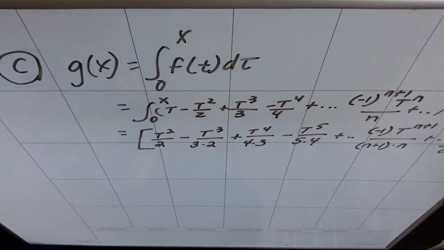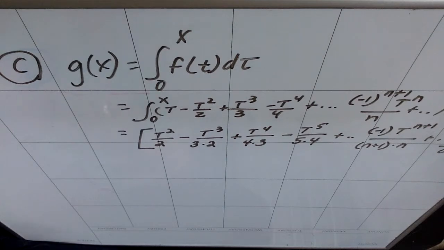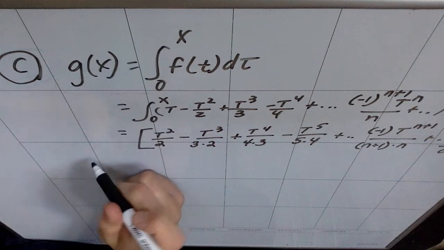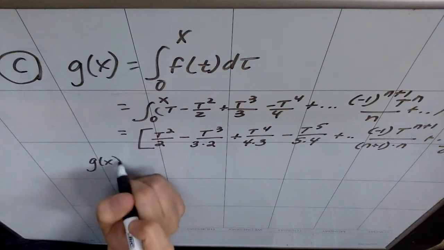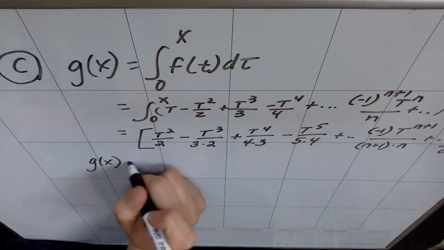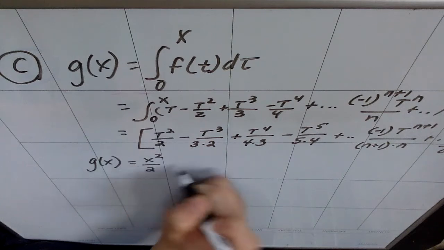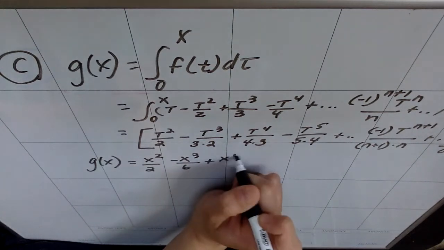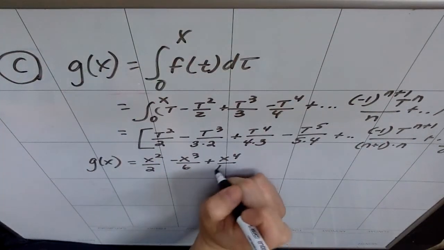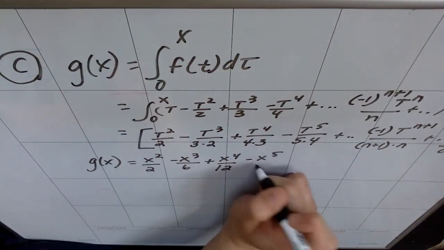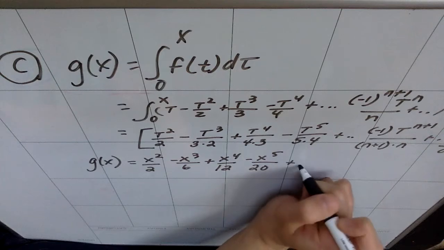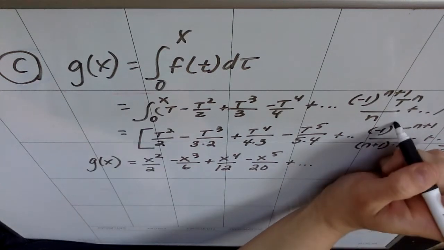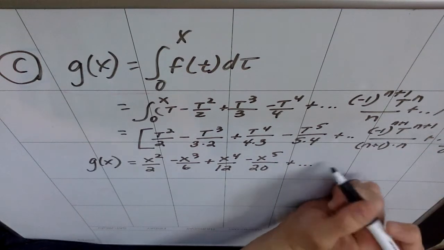When I plug in 0, all of the 0 terms are going to go away, because they all have t's. So I'm going to end up getting that g of x is just what happens when I plug in all these x's. So it's going to be x squared over 2 minus x cubed over 6 plus x to the 4th over 12 minus x to the 5th over 20 plus, oh, sorry, that was a negative 1 to the n plus 1 up there.